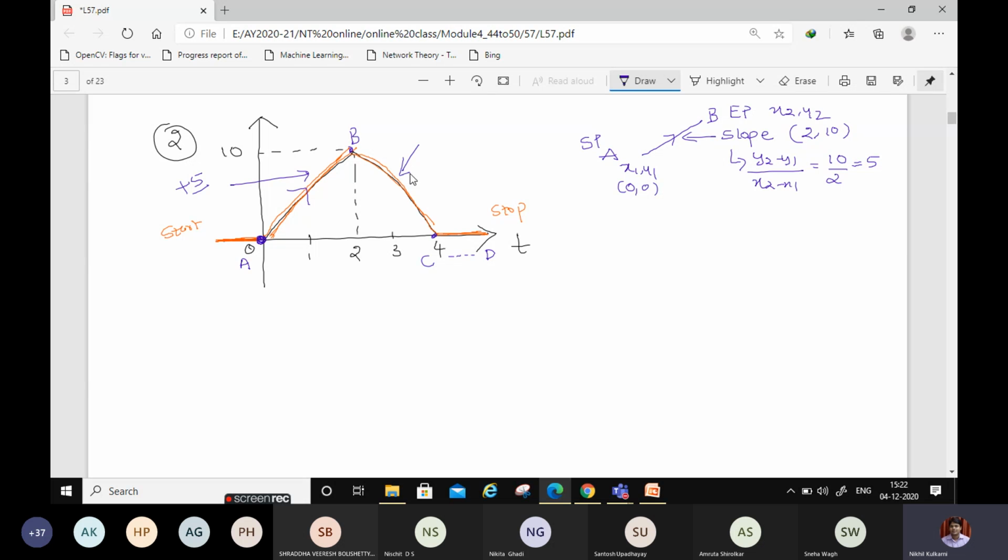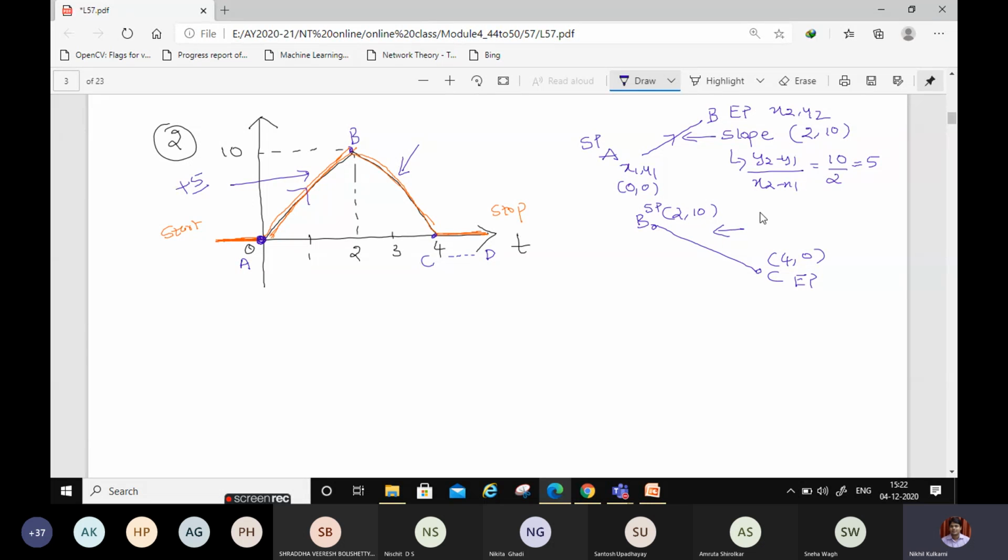Similarly, you measure the slope here as well, from B to C. Now this will be the starting point and this will be the ending point. These coordinates we know: this is 2 comma 10 and this is x is 4, y is 0.